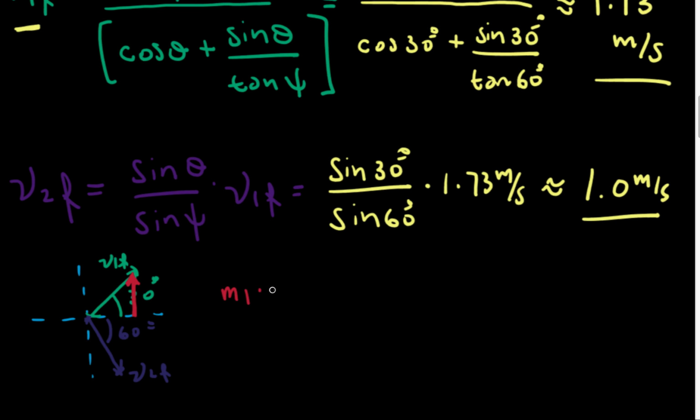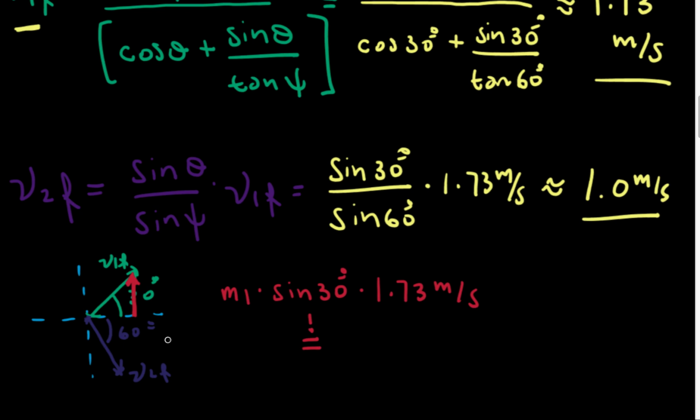This is m1 sine of 30 degrees multiplied by V1 final. V1 final is our 1.7 meters per second. It needs to be equal to this other part.